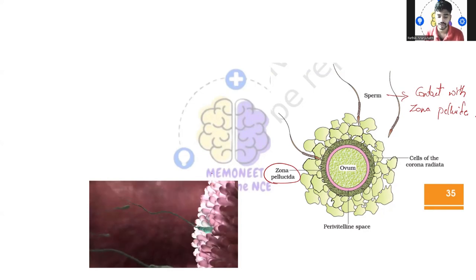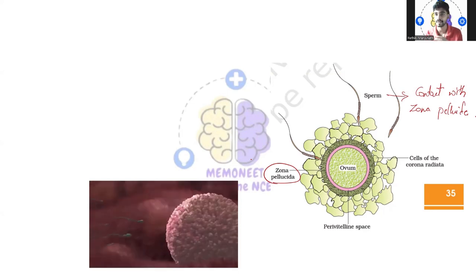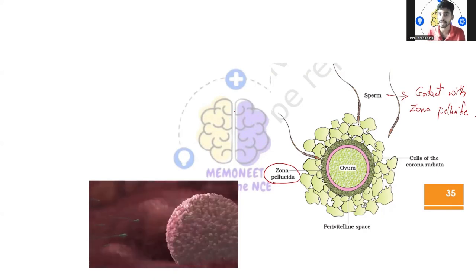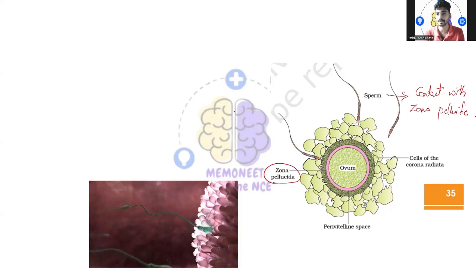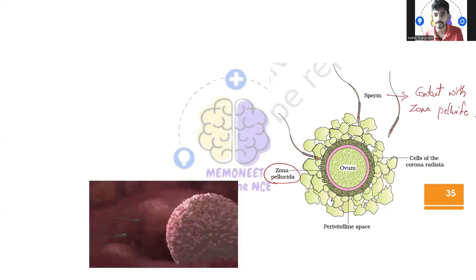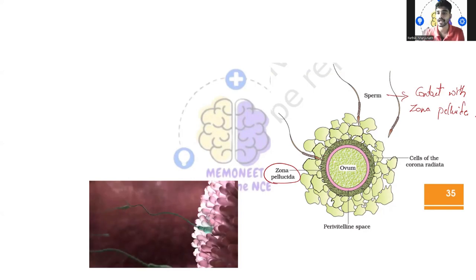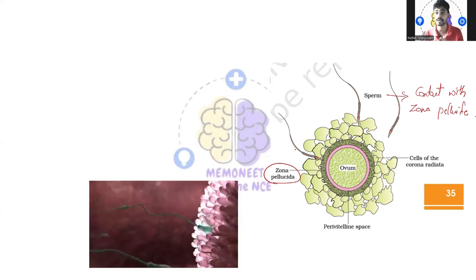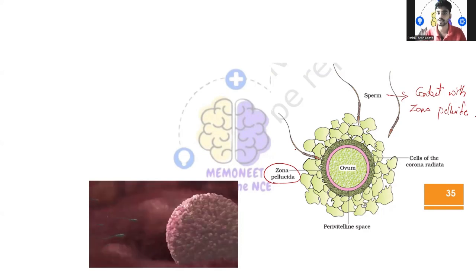This acts as a membrane which normally blocks the entry of the sperm. Once any one sperm out of all these millions of sperms comes in contact with the zona pellucida region, it immediately acts as a blockage to the other sperms and won't allow them to enter. That is the function of the zona pellucida.